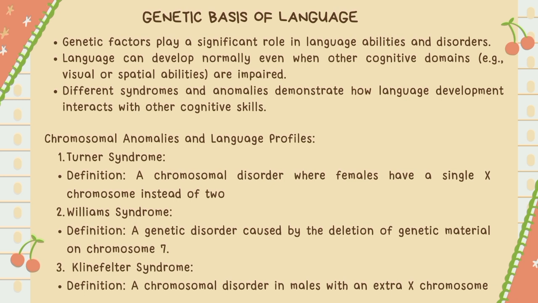When a person has this genetic disorder, they have a unique behavioral profile with relatively strong language abilities, meaning that they are rich in vocabulary, they are good at storytelling, but their visual and spatial cognition has impairments and they have moderate intellectual disabilities.